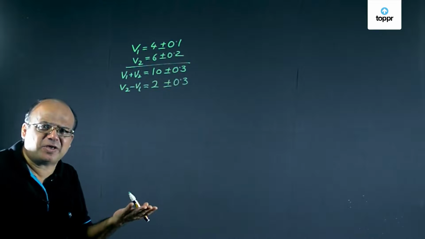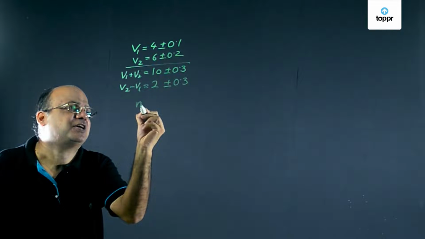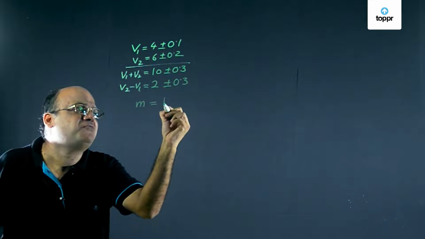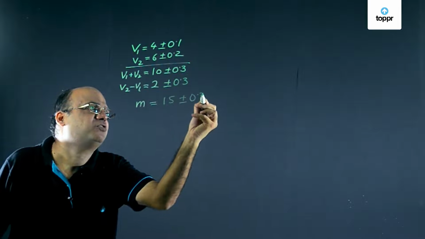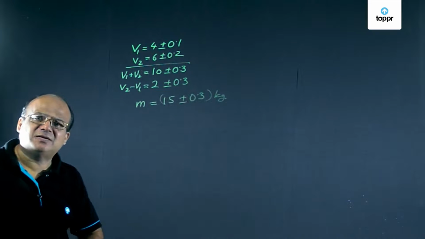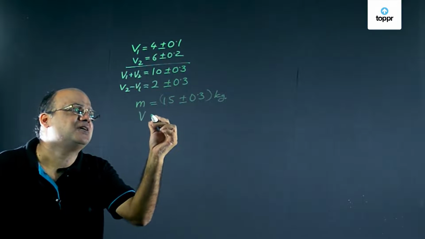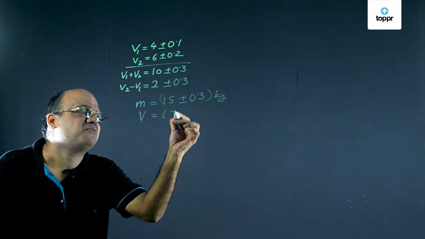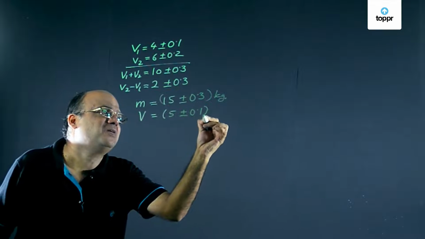Now let us look at multiplication. Suppose the mass of an object is 15 plus minus 0.3 kg and the volume of this object is say 5 plus minus 0.1 meter cube.